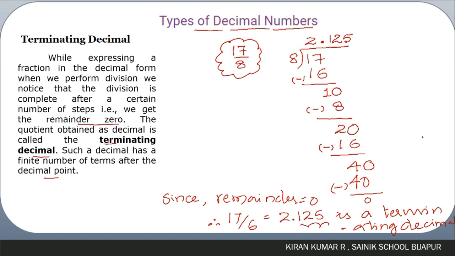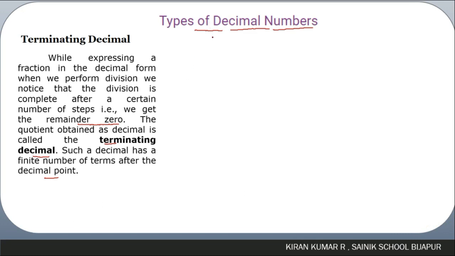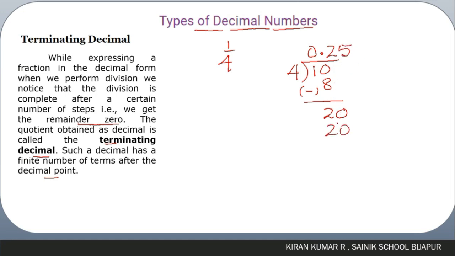Let me take another example, a simple one. I'll take the number 1 upon 4. Now 1 upon 4, if you want to express in decimal form, I need to divide 1 by 4. 1 is a smaller number than 4, so I have to take 0 point, then 4 2 times is 8. On subtracting, we get 2 as a remainder. Place a 0 along with the remainder. 4 5 times is 20.